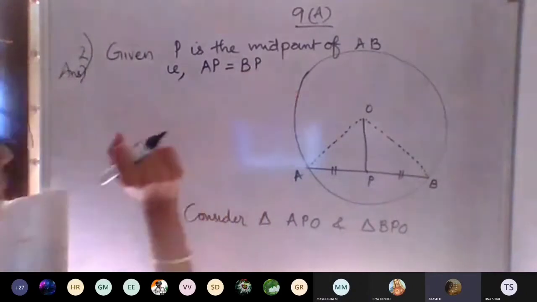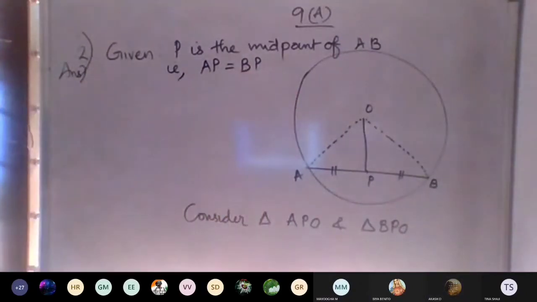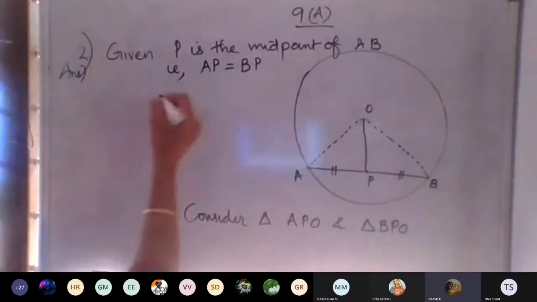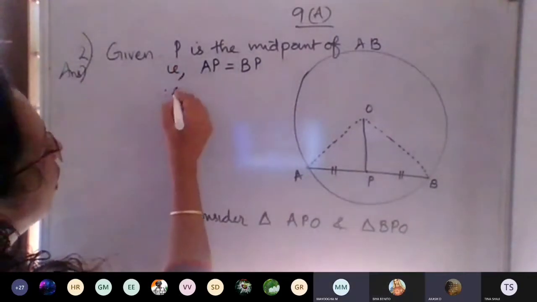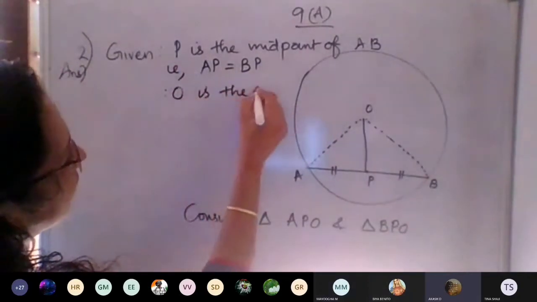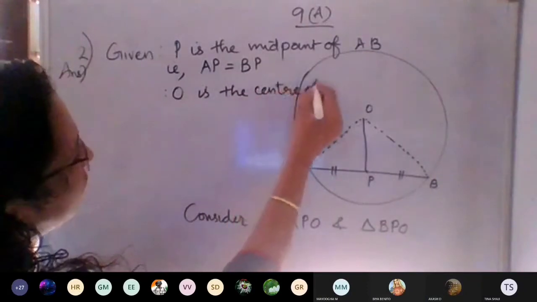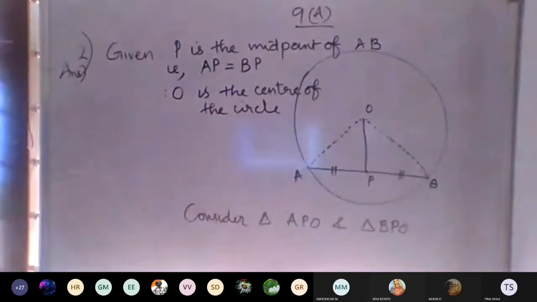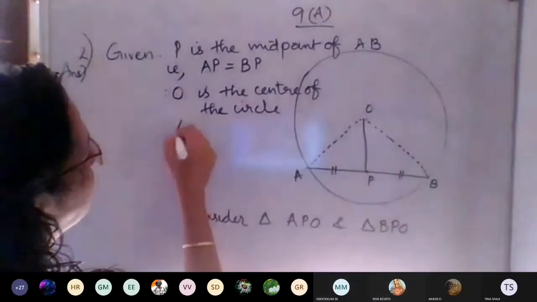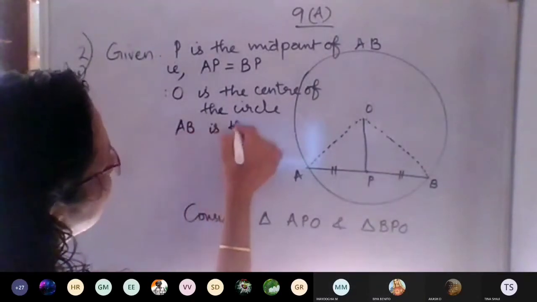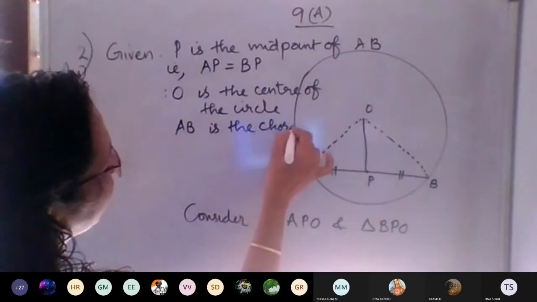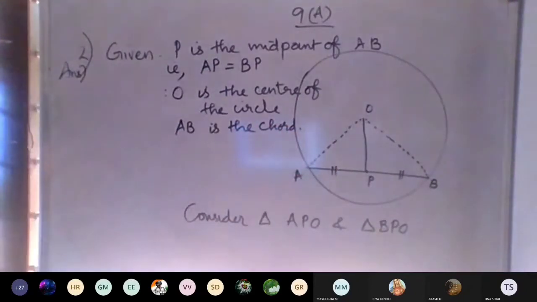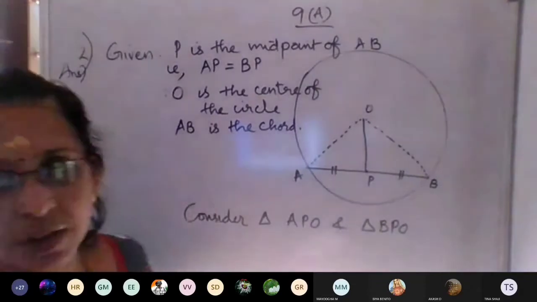Then also given, O is the center of the circle. It is given there. So two points are given, no? AB is the chord, that is also given. So these three points you should write there.